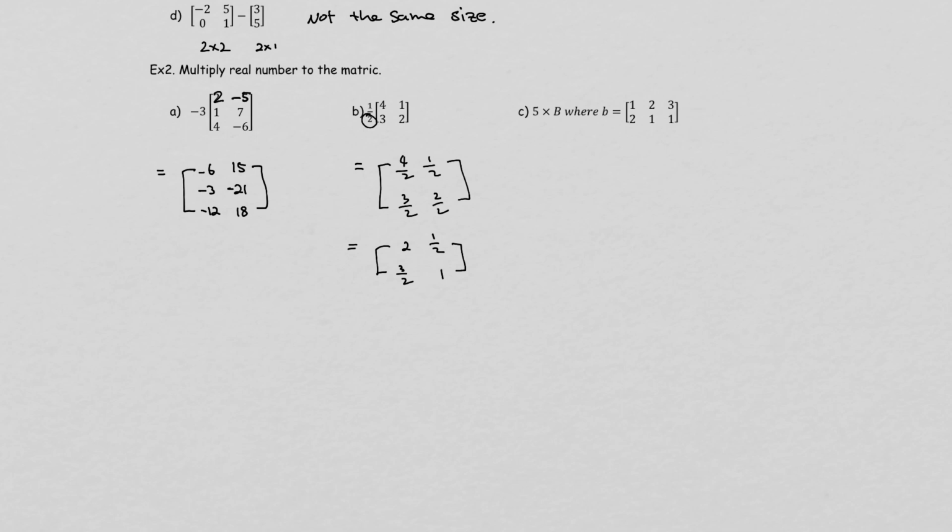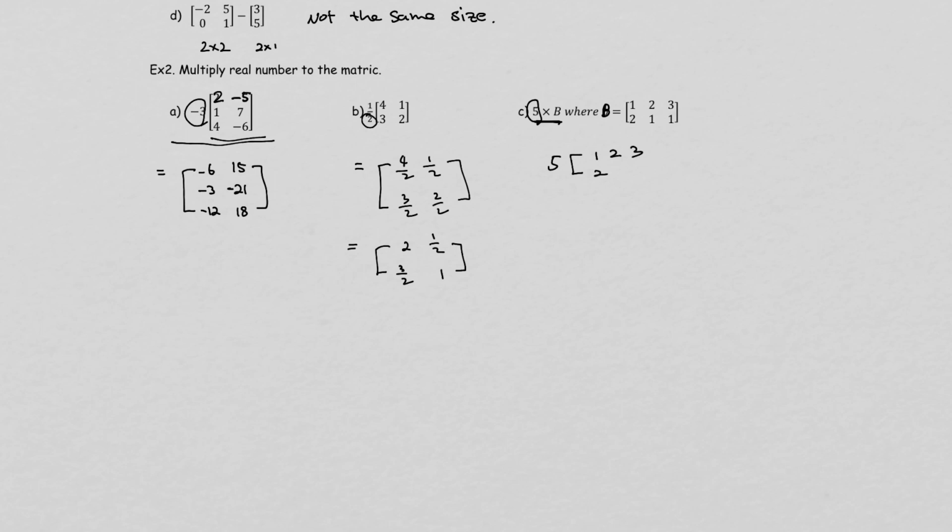And sometimes they don't just give you a whole number multiplied by a matrix. Sometimes they will say, let's multiply 5 into the matrix B, and then you need to find matrix B. So it's a different way of writing, but the bottom line is they're asking you to multiply.